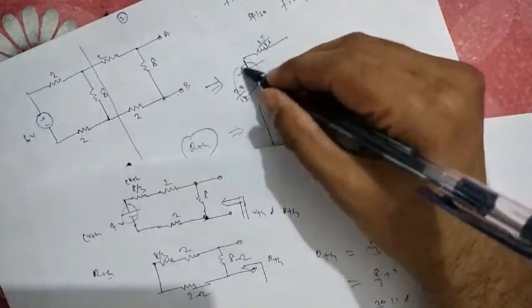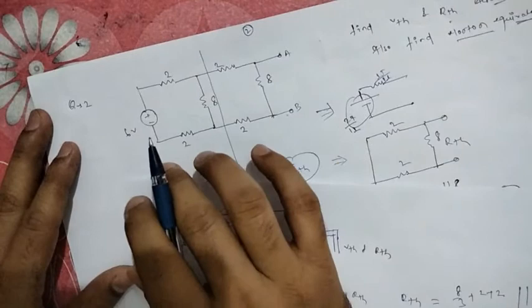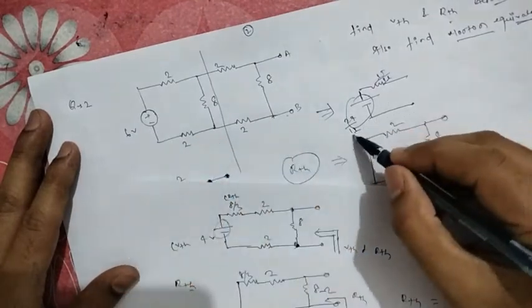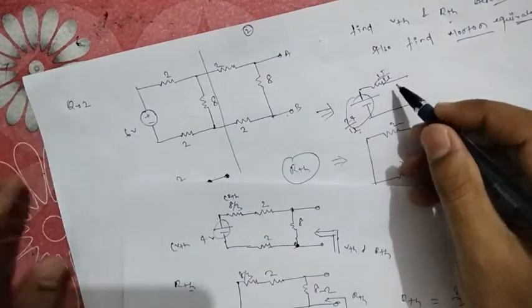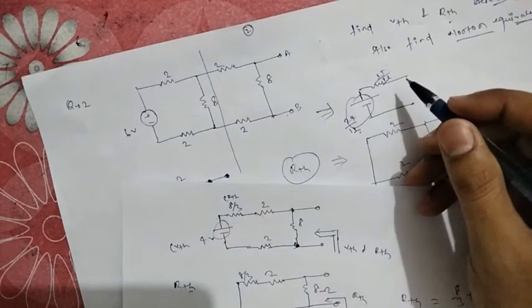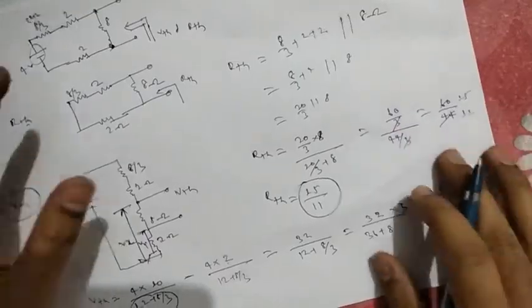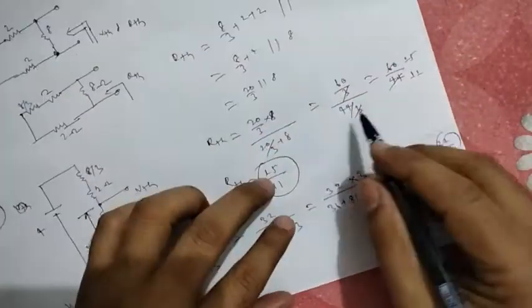So we have solved this circuit having VThevenin equal to 24 by 11 and this is equal to 15 by 11. Now there is one calculation error.